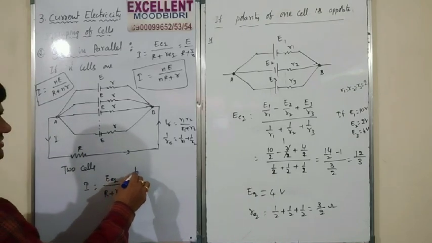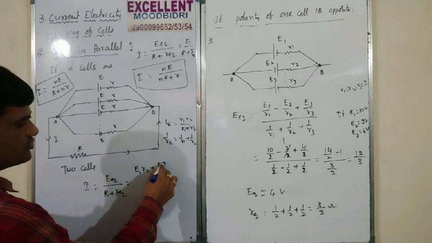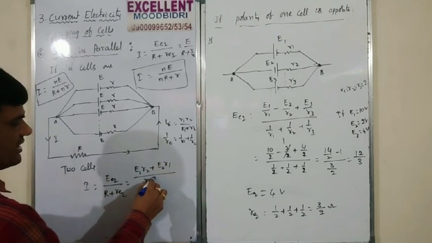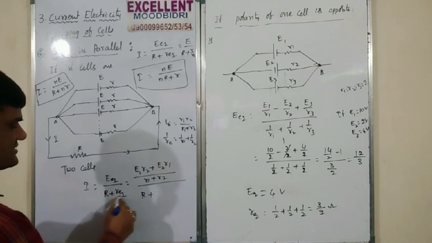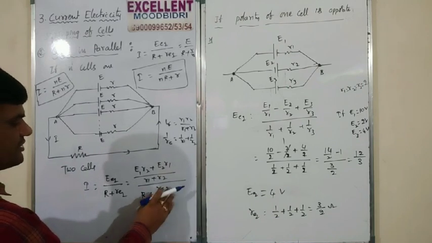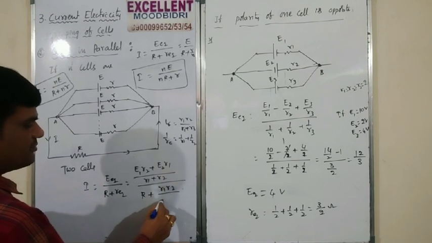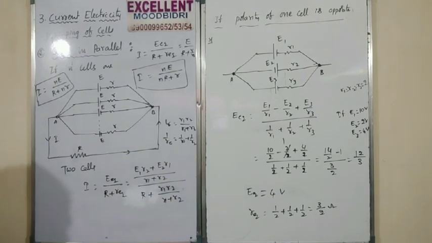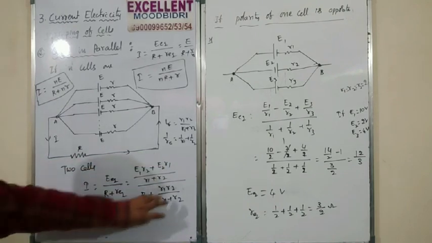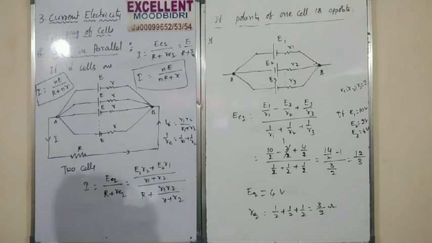So this is E1 R2 plus E2 R1 divided by R1 plus R2, divided by this one. R is equal to R plus R equivalent. What is R equivalent? R1 R2 divided by R1 plus R2. So E equivalent value you have to find, R equivalent value you have to find. Therefore, you will keep that value, you will get the answer.